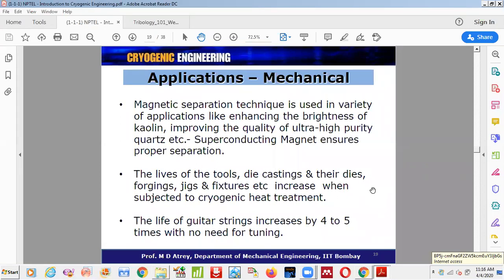Then the lives of tools, die casting and their dies, forging, jigs, fixtures, etc. increase when they are subjected to cryogenic heat treatment.